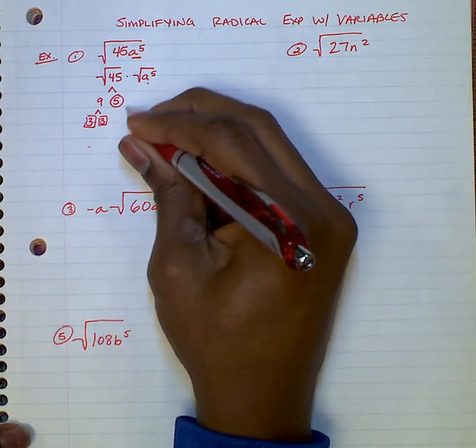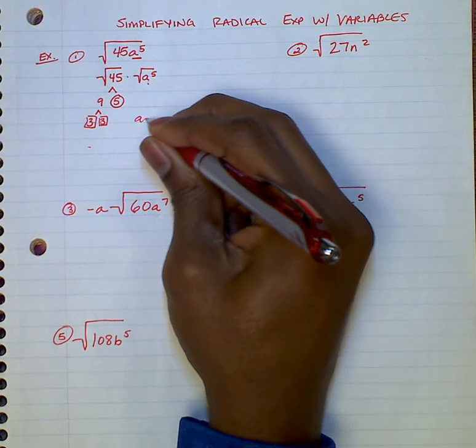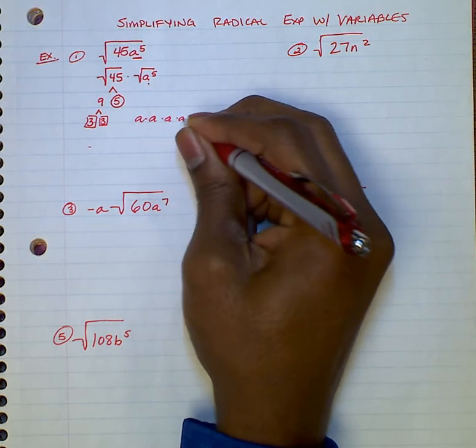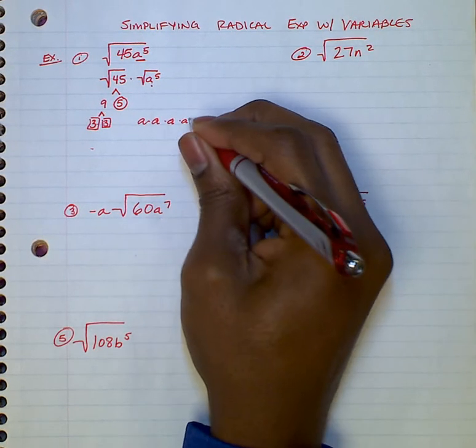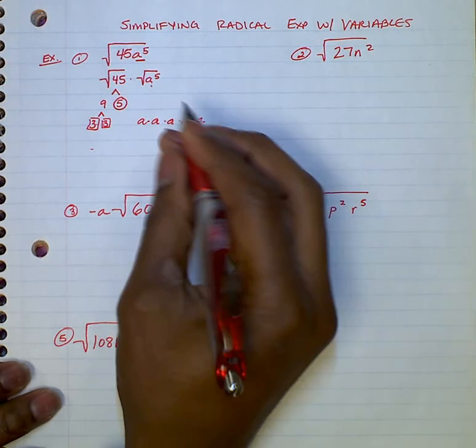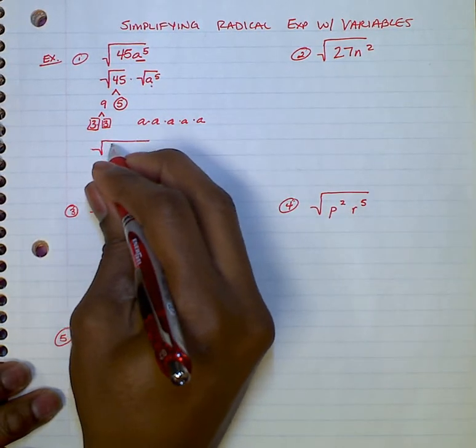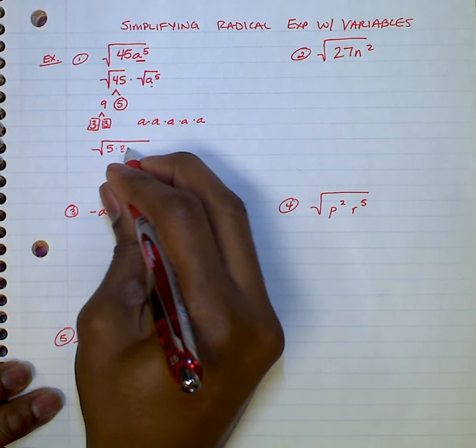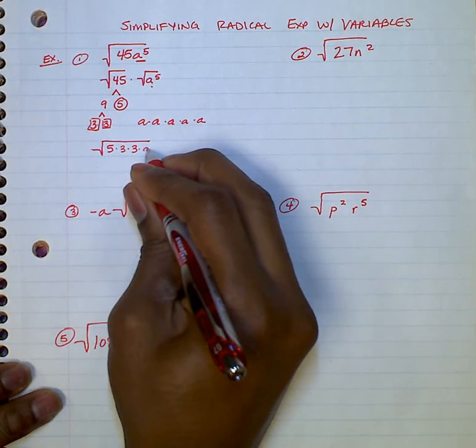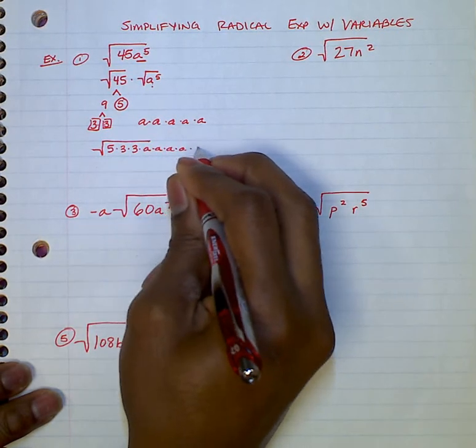I have a times a times a times a times a. So underneath my radical, I have 5, two 3's, and 1, 2, 3, 4, 5 a's.